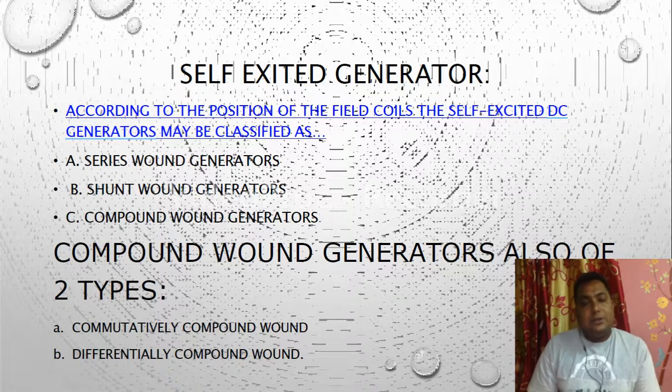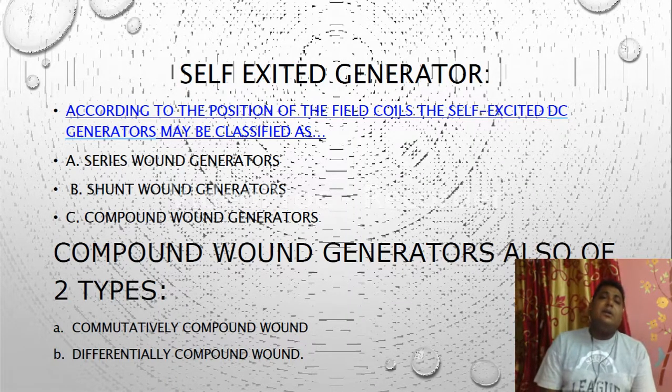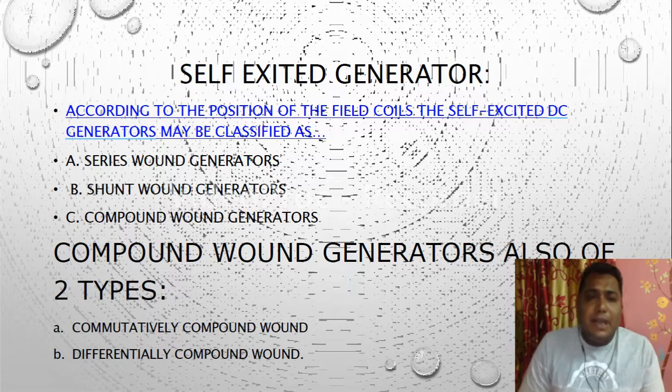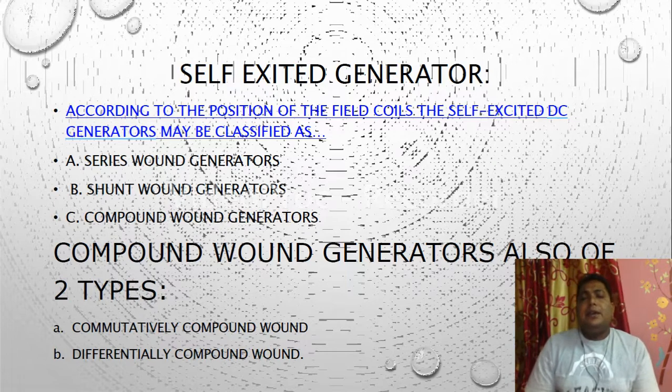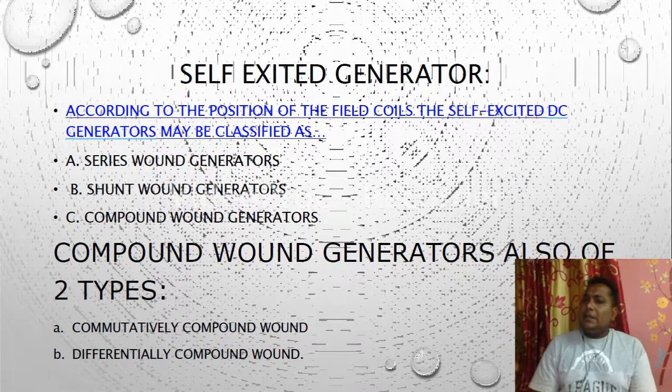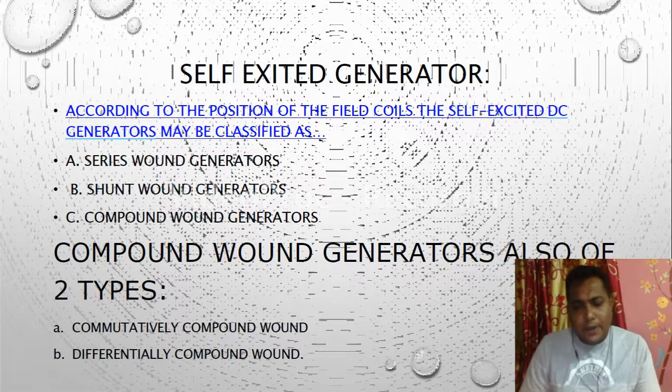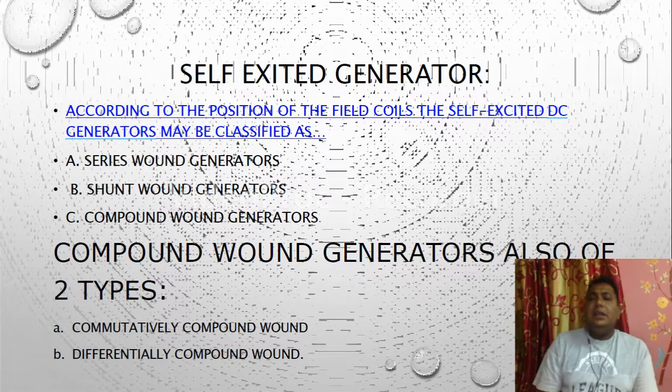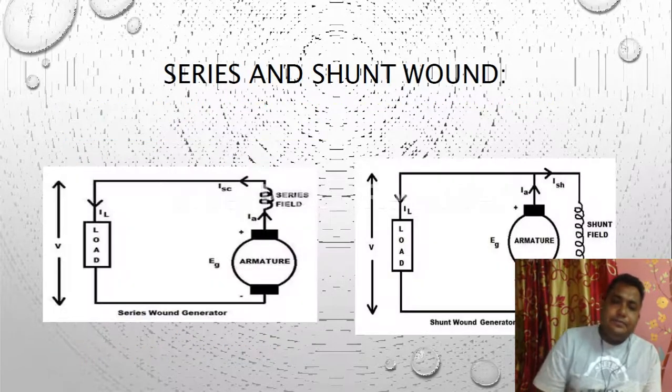So here we are just going to view the characteristics of different kinds of machines. We can see that mainly three types of DC generator we have as far as the connection is concerned: series, shunt, and compound. Okay, let us see the next slide.